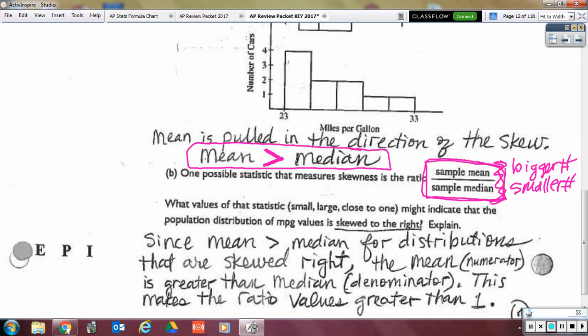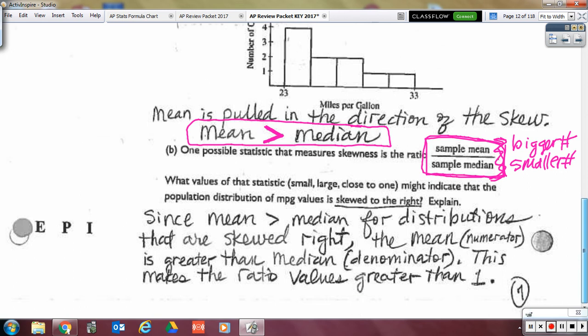This leads into the question of part B. It says, what values of the statistic, and they give you a hint: small, large, close to 1, might indicate that the population distribution of miles per gallon is skewed to the right. I'm thinking this is bigger than this, so it's going to be greater than 1.